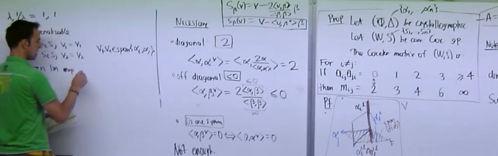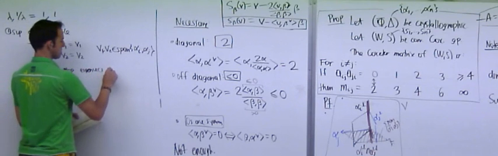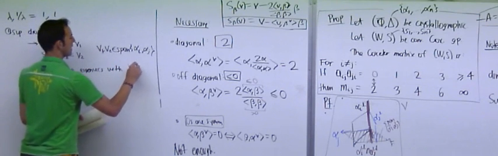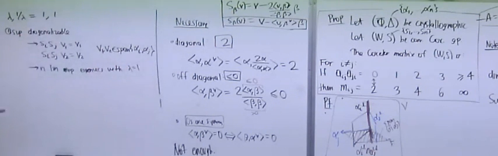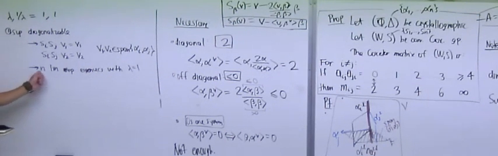Independent eigenvectors with eigenvalue 1. And that means that everything is an eigenvector with lambda equals 1, right? Because Si Sj doesn't do anything to any of these eigenvectors.